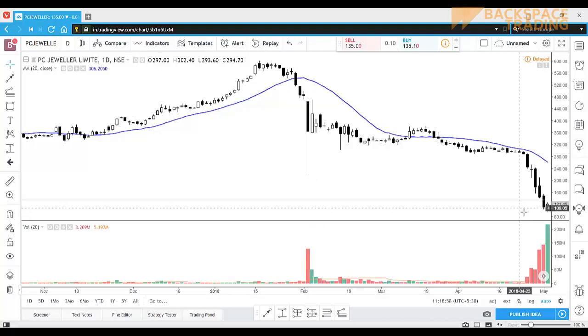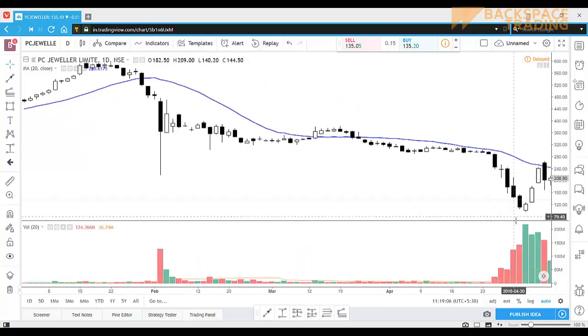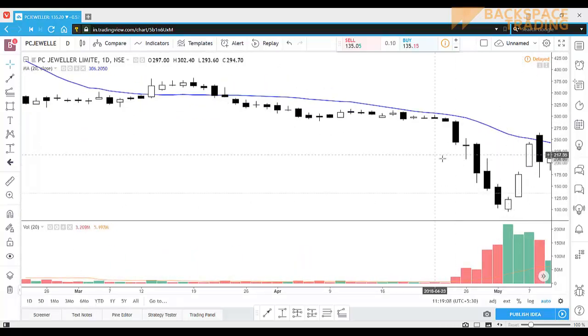It gave awesome return, but what I did was I took the positive trade over here. Let me tell you how I took it, because this is not a breakout strategy, this is a reversal trade. Let me tell you how.